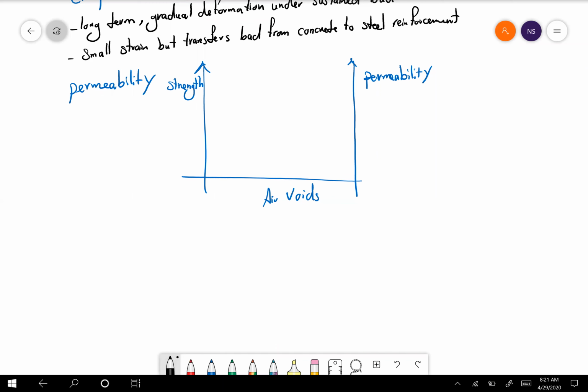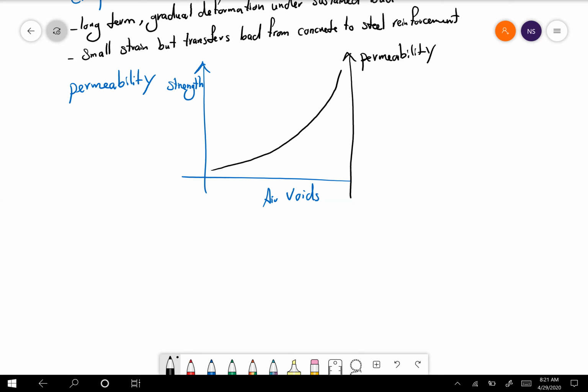I'm going to show the second axis, permeability, in a different color so that you know. With higher air voids, you will have higher permeability, right?